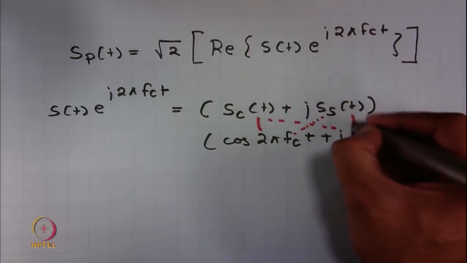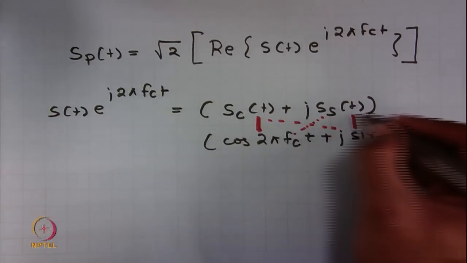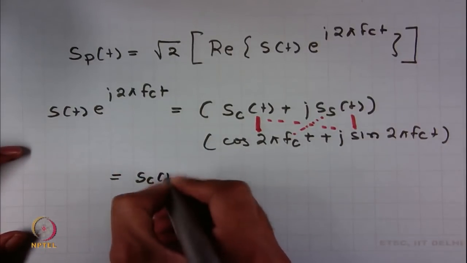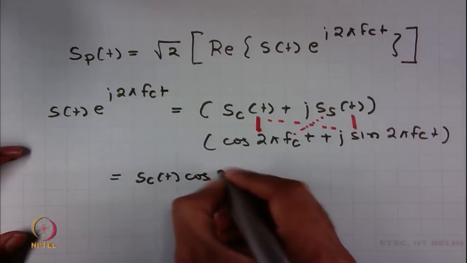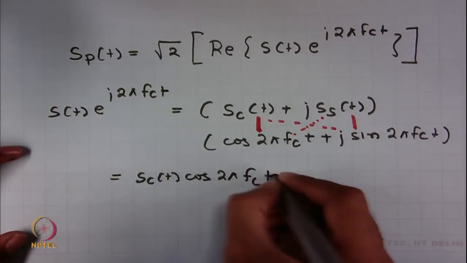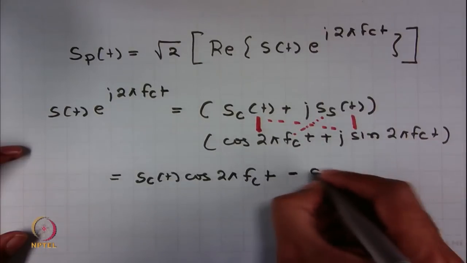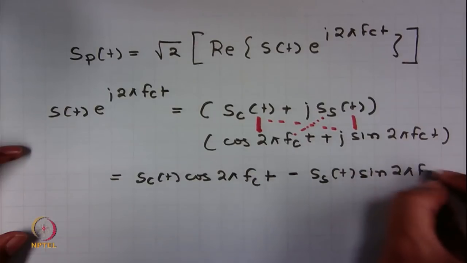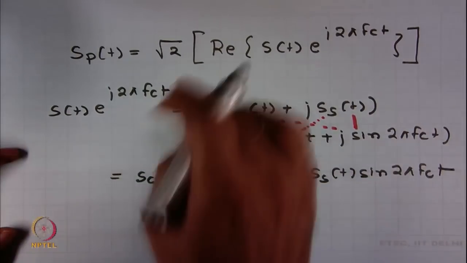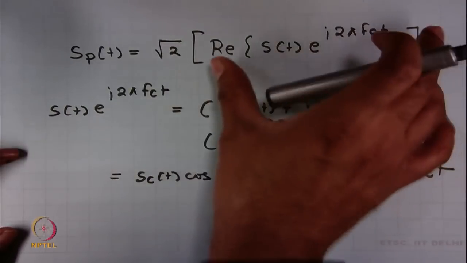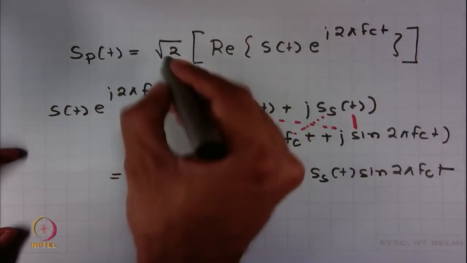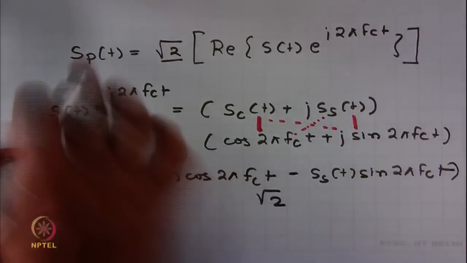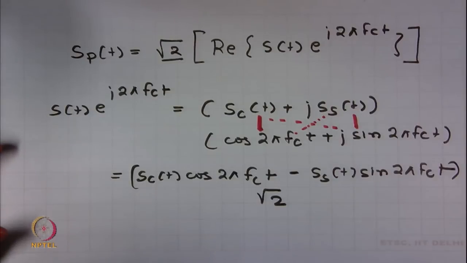So, what you would have is this multiplied by this and this multiplied by this. I can write this as s_c(t) cos 2 pi f_c t, then I multiply this with this, I have s_s(t) sin 2 pi f_c t. This is the real part, and then I have to multiply this with root 2. And this is indeed the expression of the passband signal.